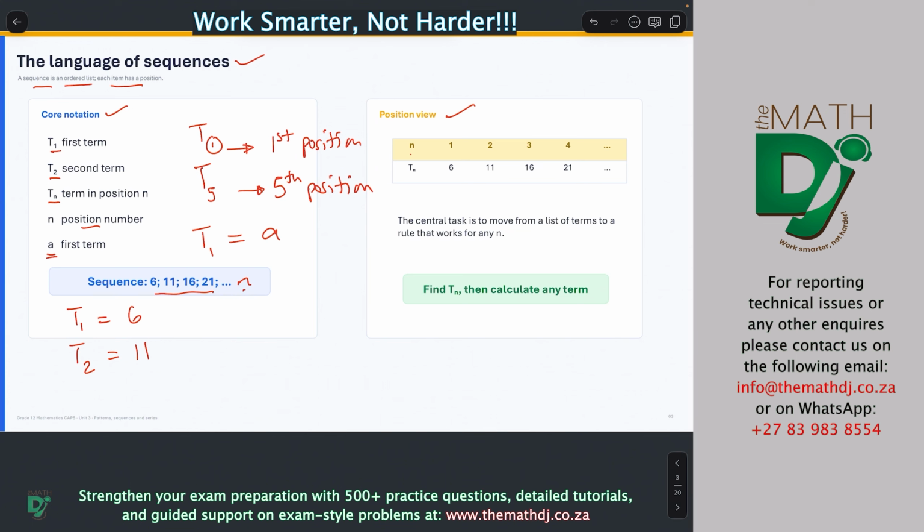We've got n: 1, 2, 3, 4. It corresponds with 6, 11, 16, 21, as you can see here. So the central task is to move from the list of terms to a rule that works for any nth term. So if they say find Tn, then calculate any term like what you are given.